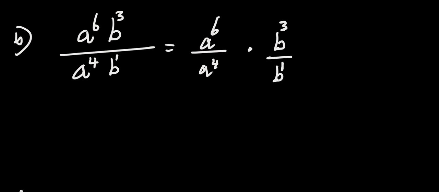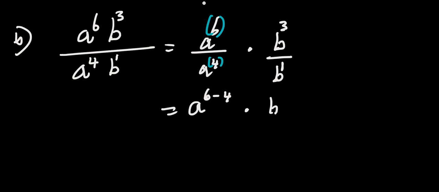If we apply the division rule to this, we keep the base, which is a, and then subtract the exponent of the denominator, which is 4, from the exponent of the numerator, which is 6. So we have 6 minus 4 times, we are using a dot multiplication.